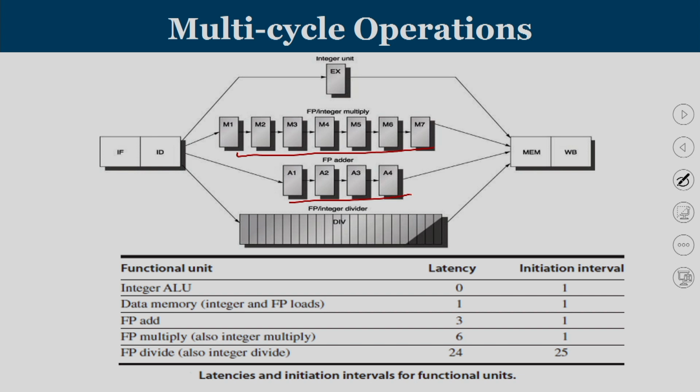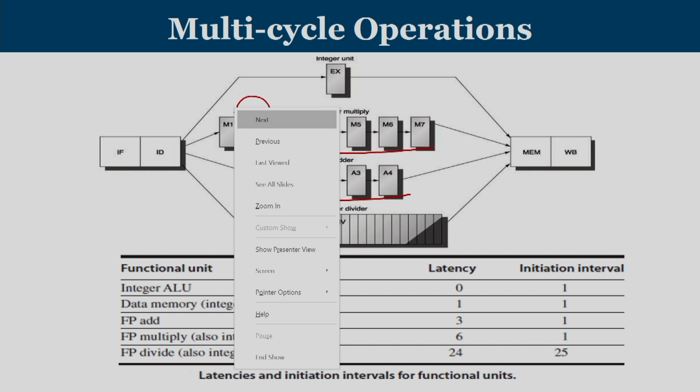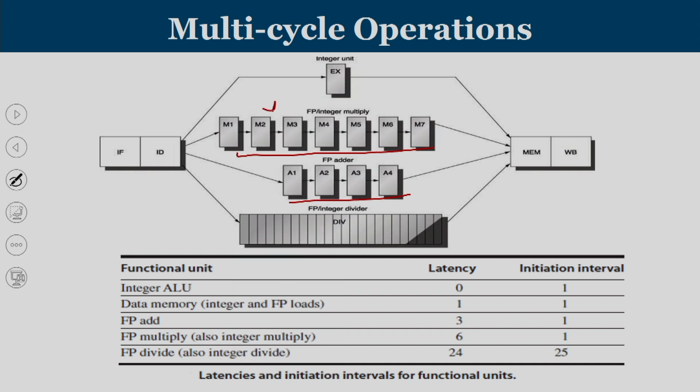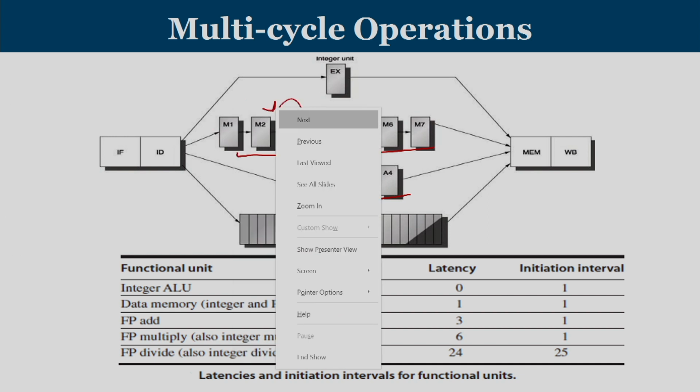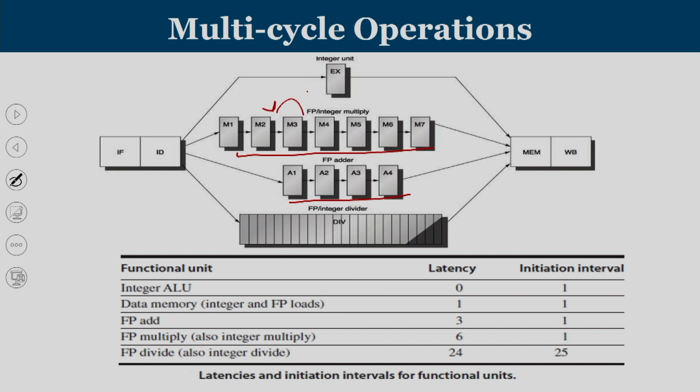This means that the multiplier execution stage itself is internally pipelined, consisting of 7 substages. That means at the end of one clock cycle, the contents will move from M1 to M2, or from M2 to M3, or from M4 to M5, like that it is slowly moving.